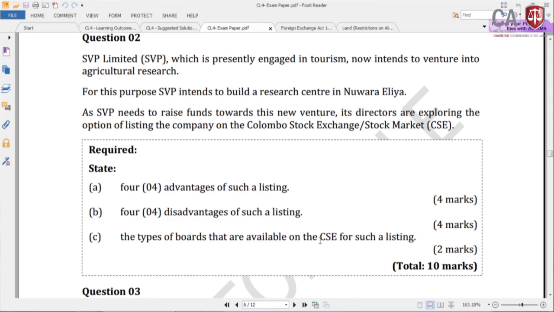Now, what is required is to state 4 advantages of such a listing.